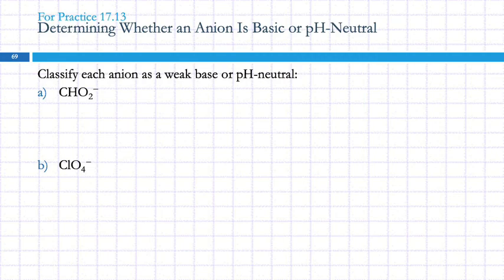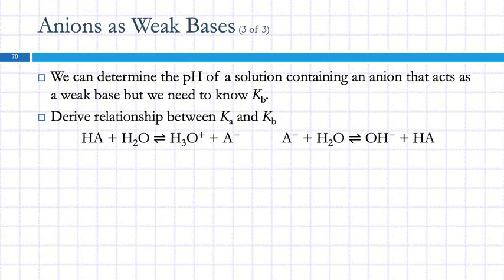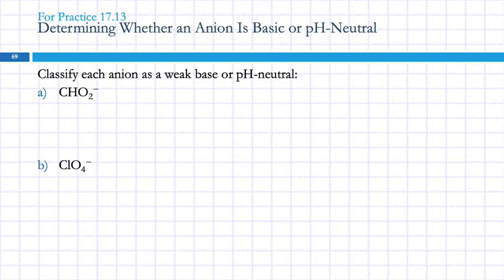What we want to do is look at the conjugate acid of this ion and identify, is it strong or weak? So CHO2 minus, what's the conjugate acid of that?